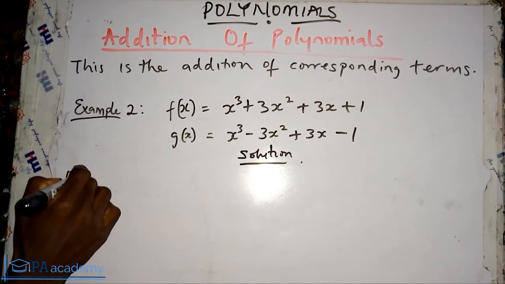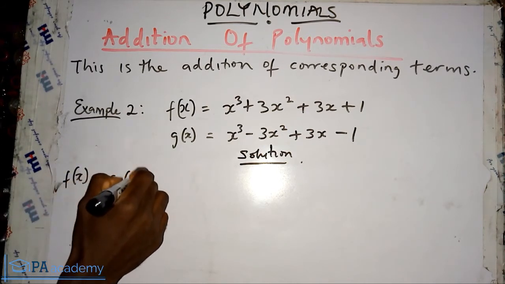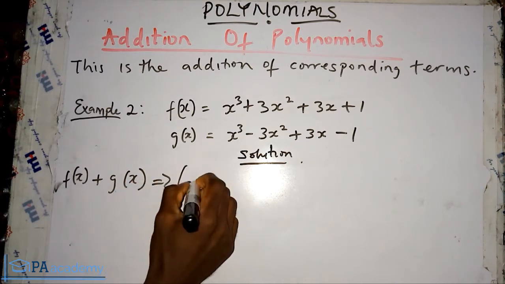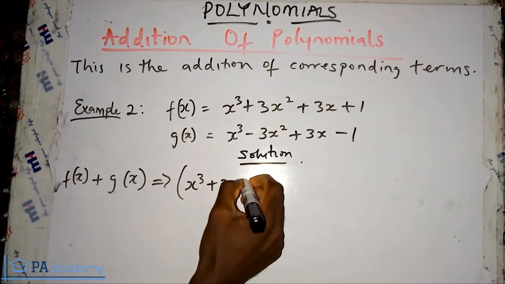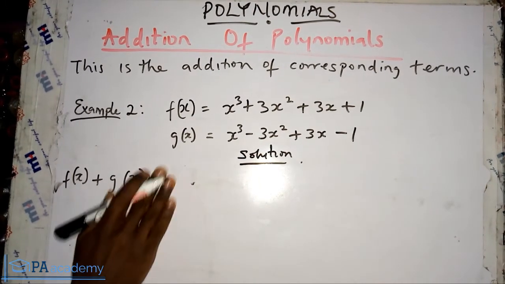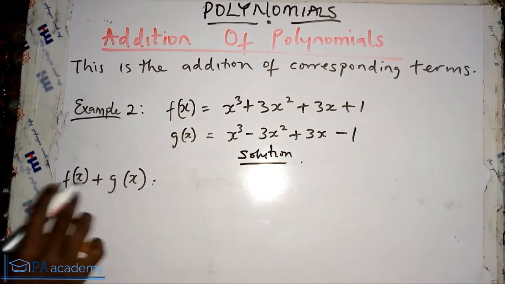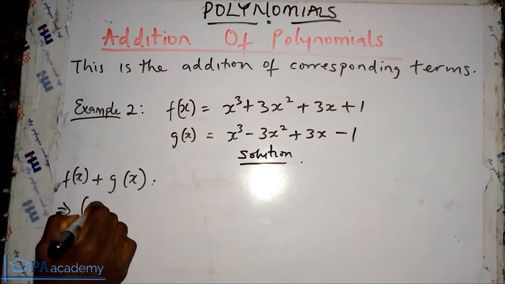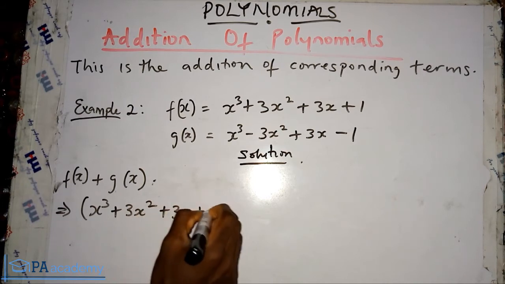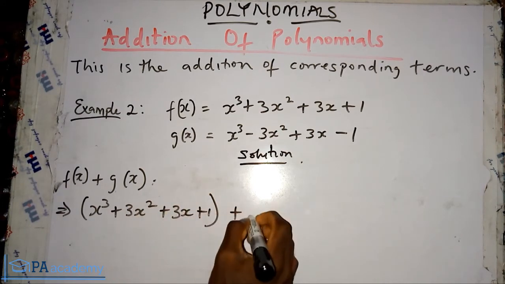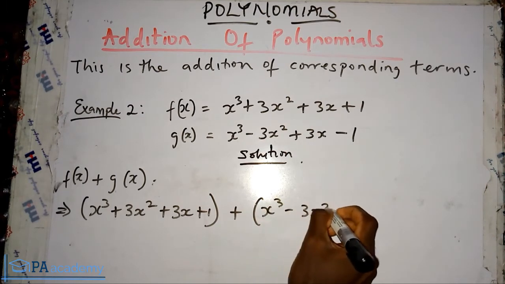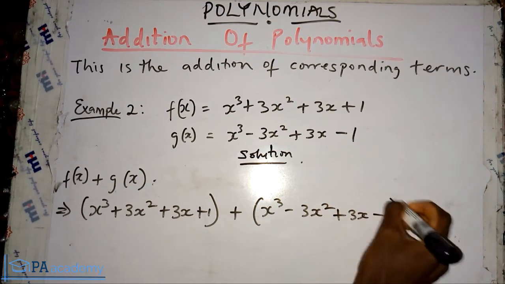So f of x plus g of x, that will be x cubed plus 3x squared plus 3x plus 1. Let's put that into brackets, plus, then for g of x, x cubed minus 3x squared plus 3x minus 1.